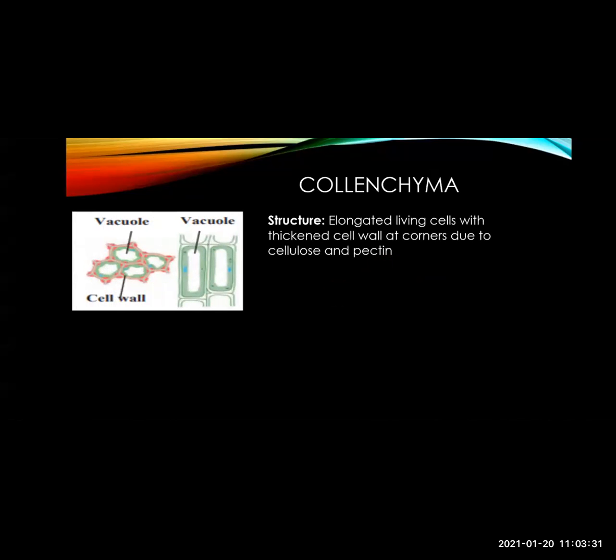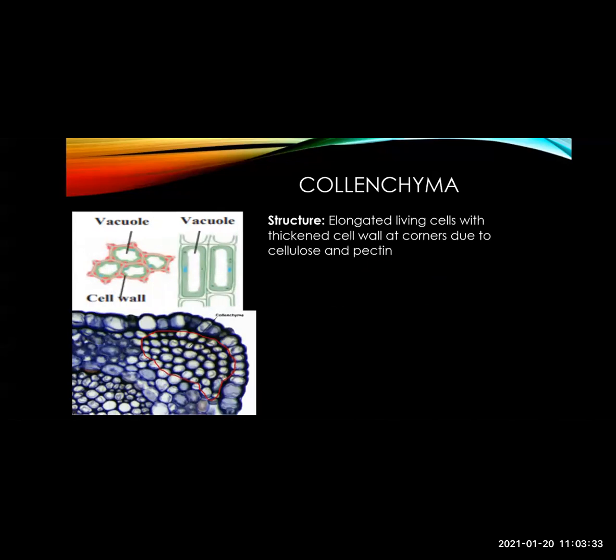This is how the collenchyma tissue looks, and this is the permanent slide of collenchyma. It has the vacuole. You can see the cell wall. It is thicker. See this dark thickness of the cell wall as compared to parenchyma. It is having a thick wall, and especially the corners of these cells are more thickened. Why is it so?